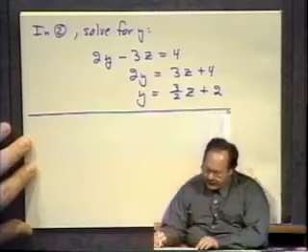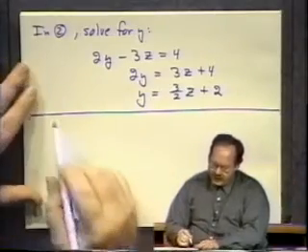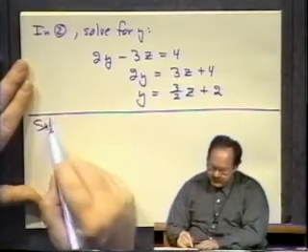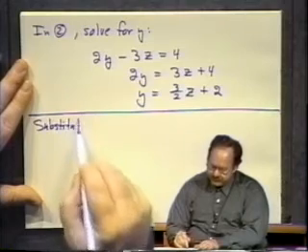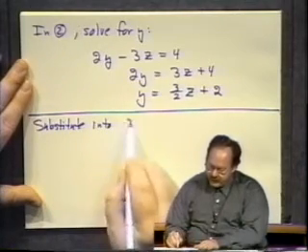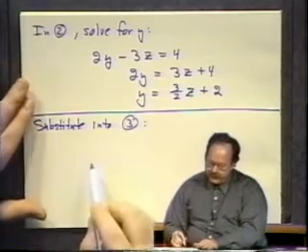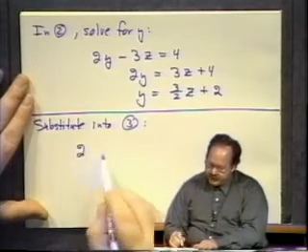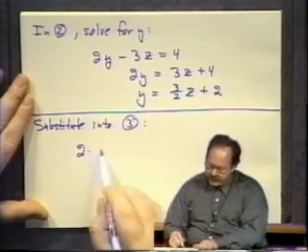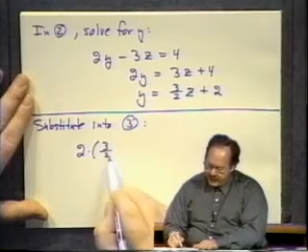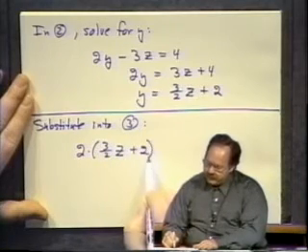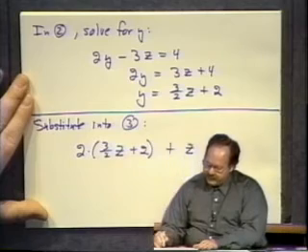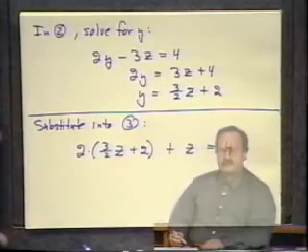I have now solved for y, and I want to then substitute into 3. Now 3 was 2 times y plus z equals 4, so I now have a value for y, and get 3 halves z plus 2 plus z equals 4.